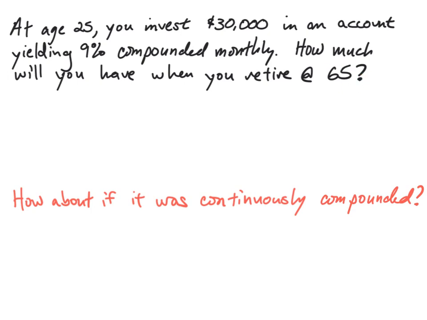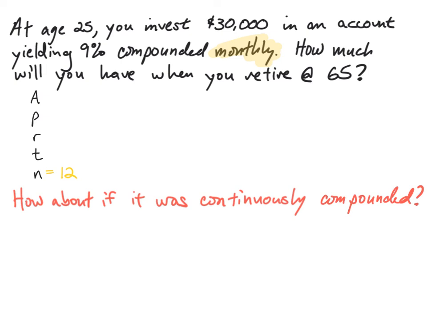So the easiest way to figure out all this is to write down A, P, R, T, and then n. And I know we will need n because it tells us compounded monthly. And in fact, we can say that n here will be 12.